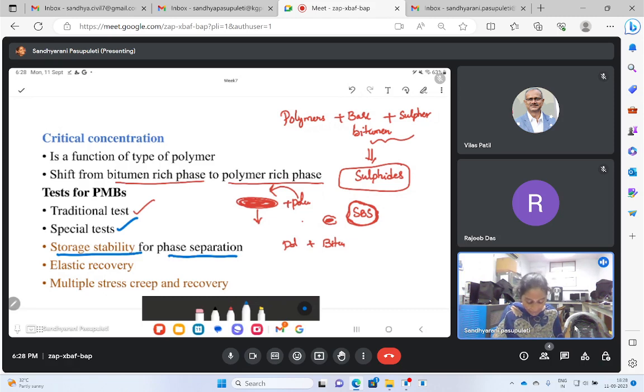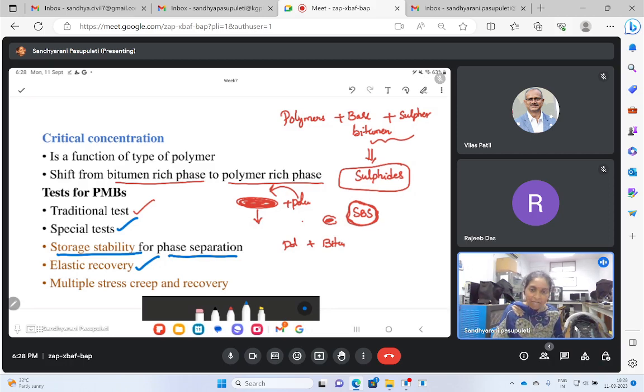To understand that behavior, there is the storage stability test, and in addition to that, the elastic recovery test. The main purpose of using these polymers is to improve the elastic recovery of the binder. Unmodified binders cannot recover, whereas modified binders can recover if a sufficient amount of time is provided.